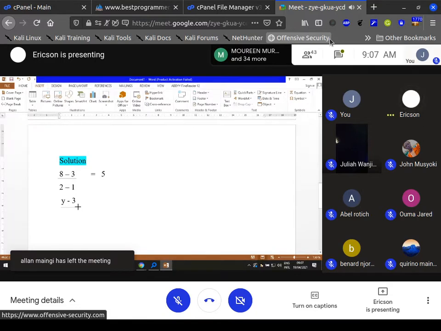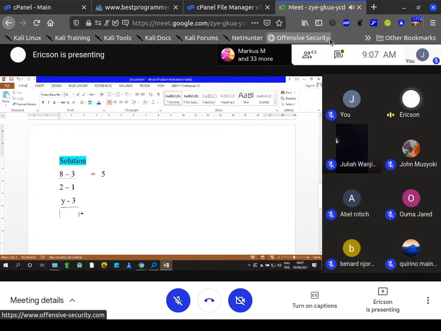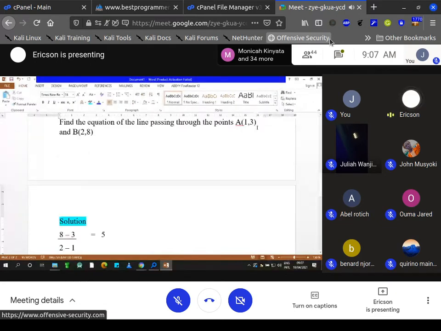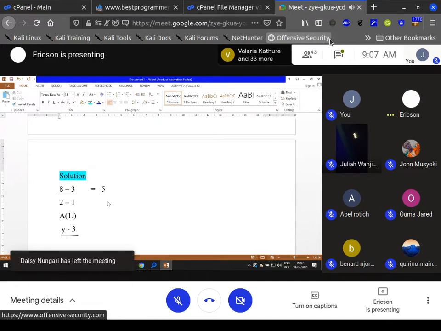But now for our other point, we choose x and y. Instead of having 2 points, just pick 1 point, the other point with the values x and y. What I'm saying is, have point A, that is 1, 3.